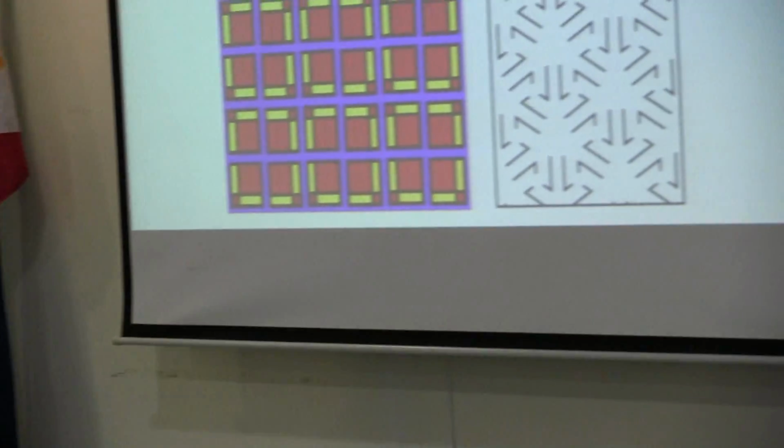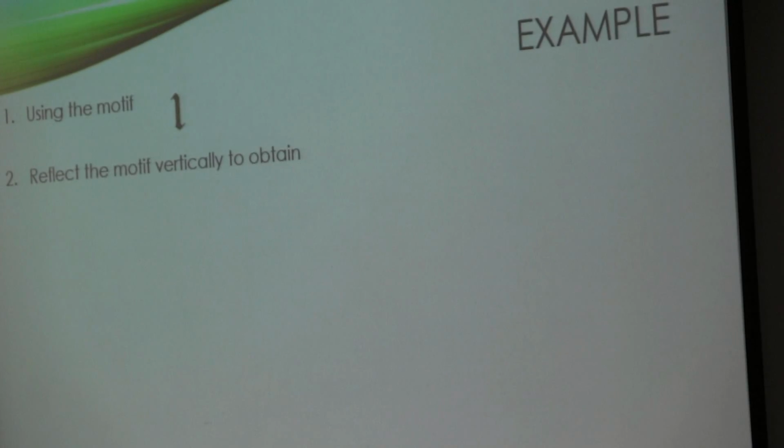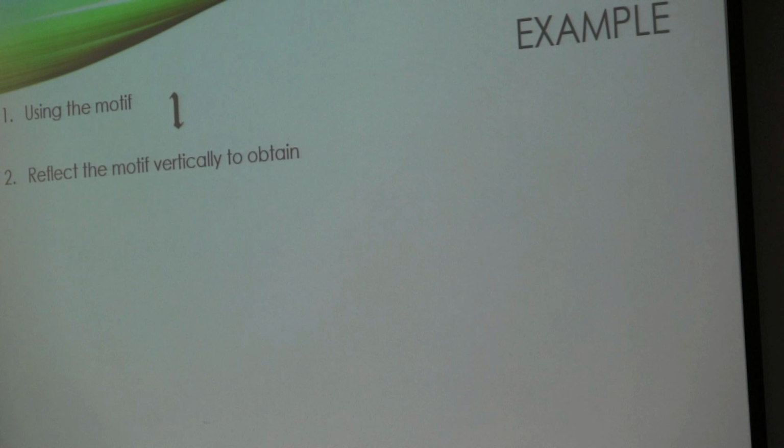These are examples. It's found in the book, but I formulated one process, an algorithm in constructing wallpaper found in your book. It's the following steps. I use the motif just one, an Old English way of writing one.